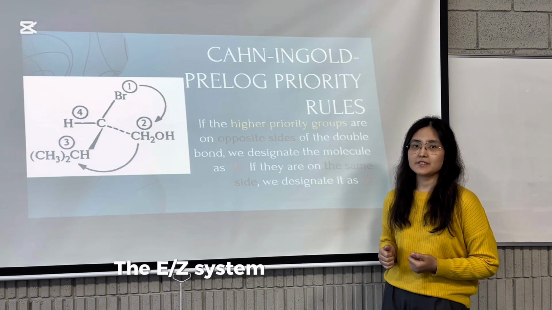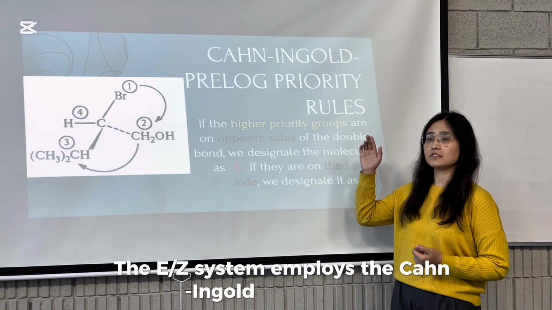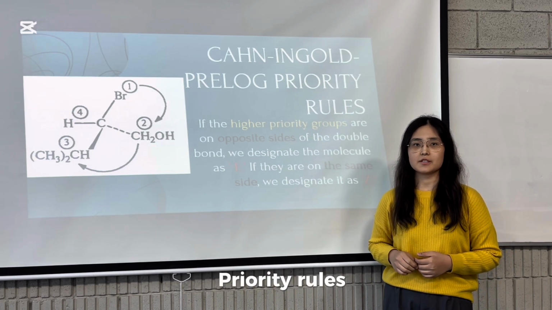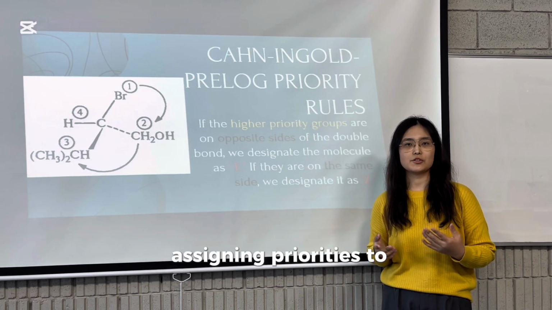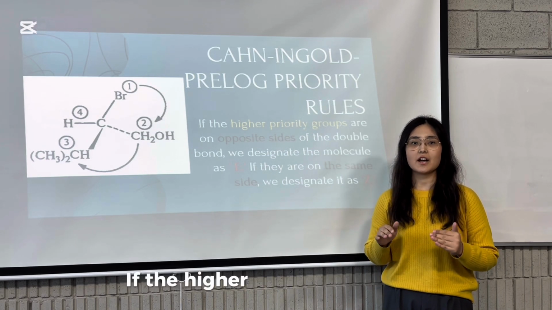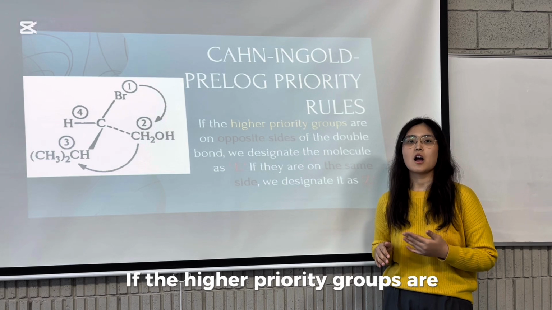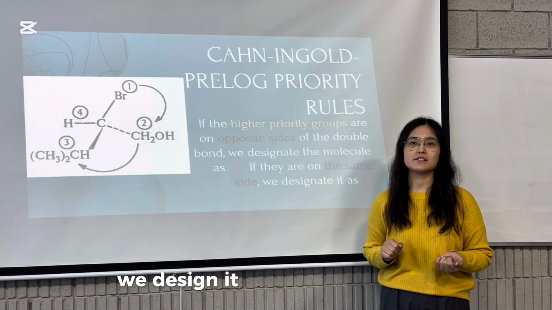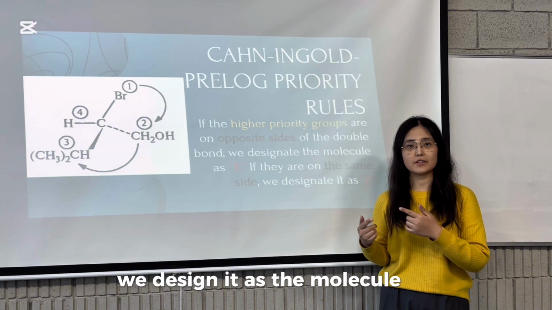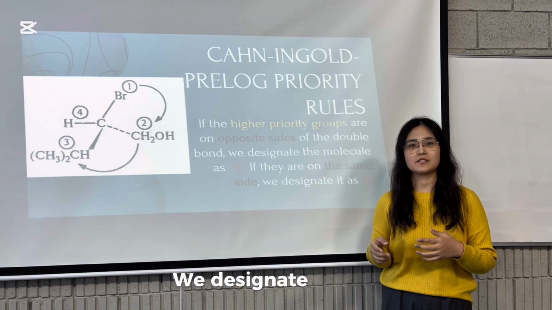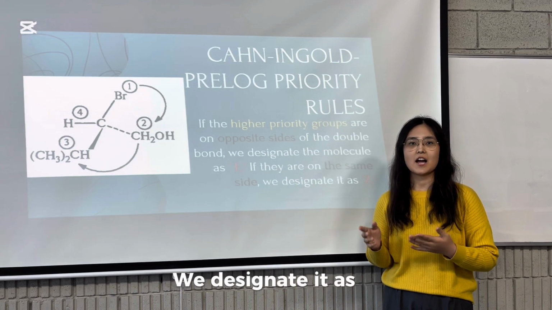The E-Z system employs the Cahn-Ingold-Prelog priority rules, assigning priorities to substituents based on atomic number. If the higher priority groups are on opposite sides of the double bond, we designate the molecule as E. If they are on the same side, we designate it as Z.